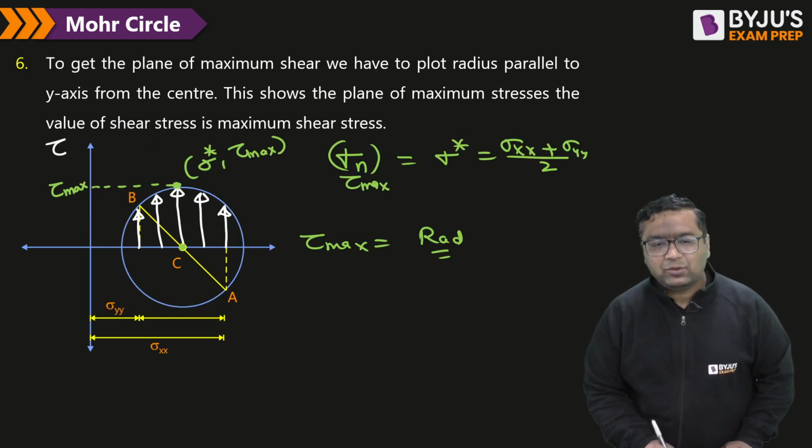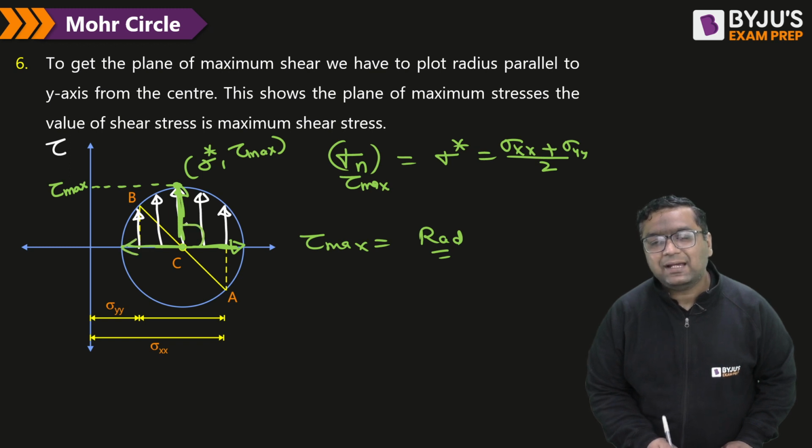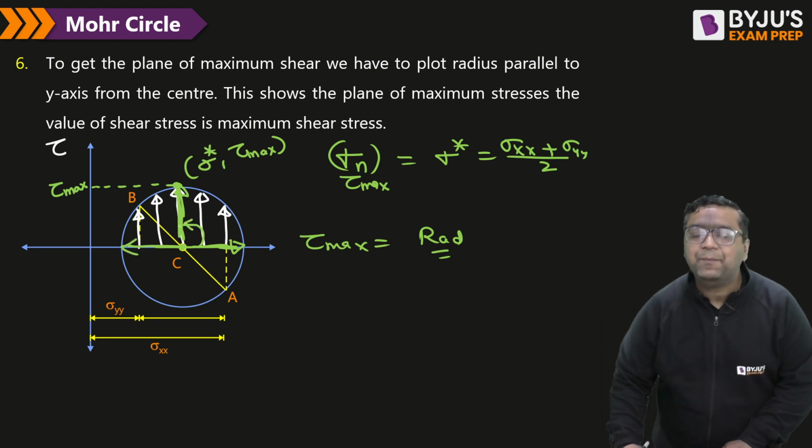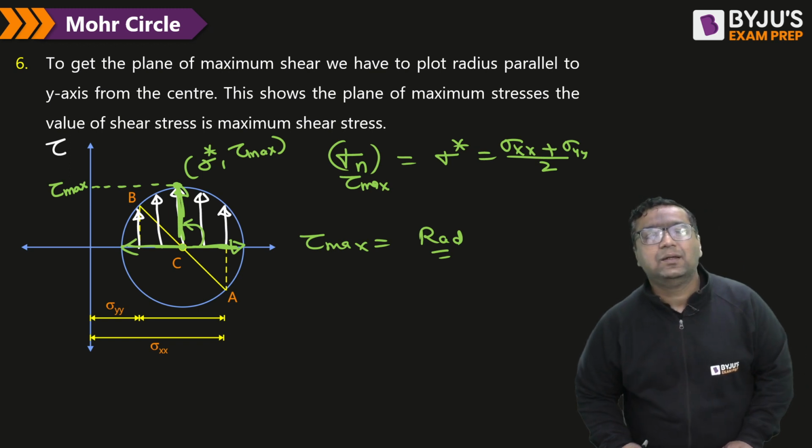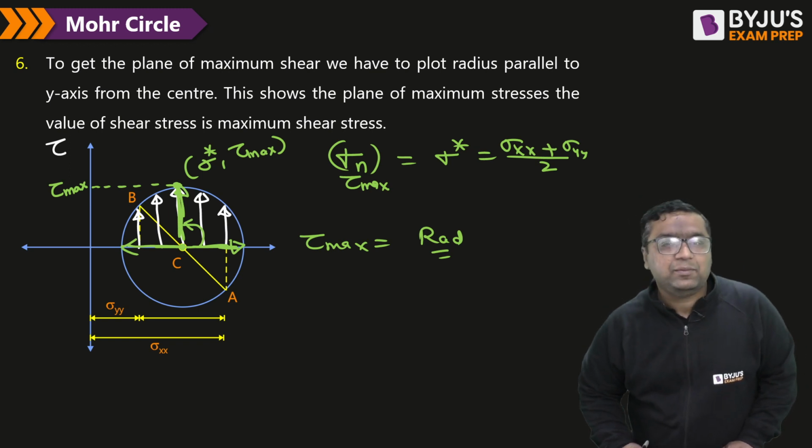Now you get to know that this is going to be the plane of maximum shear. And this is already principal plane 1, this is principal plane 2. You can see the angle between maximum shear and principal plane is 90 degree on the circle. It means really the angle will be 45 degree.